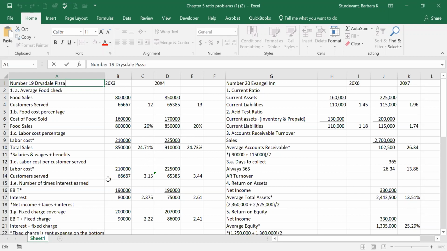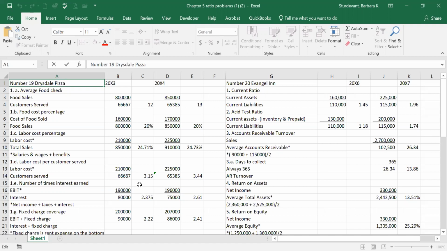All right, the next one is labor cost per customer served. I know these are not specific ratios that I gave you the other day, but they tell you what to do. So now you're taking your labor cost, dividing by your customers.